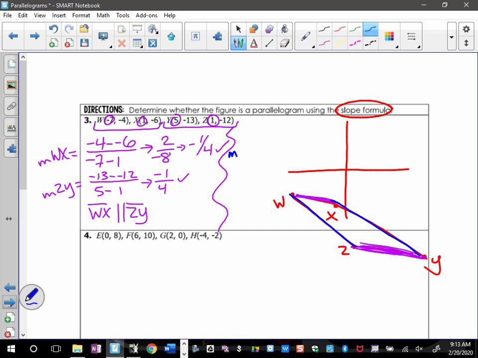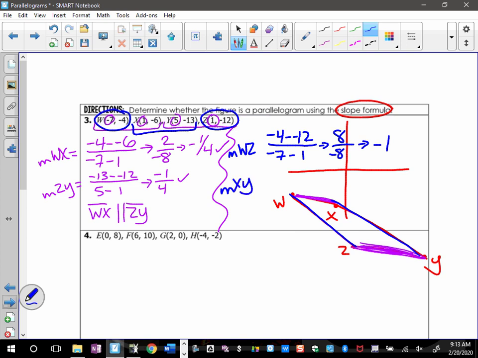Okay, for the slope of WZ, I would have -4 minus -12 over -7 minus 1, which is 8 over -8, which is -1. The slope of XY would be negative 6 minus negative 13 over 1 minus 5.